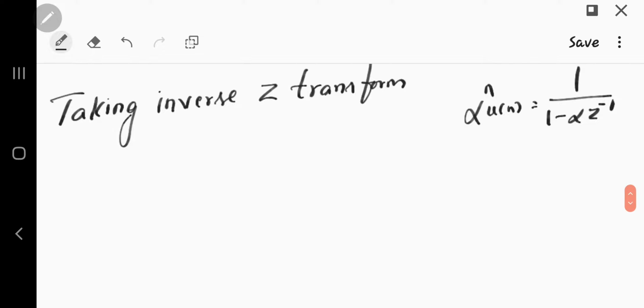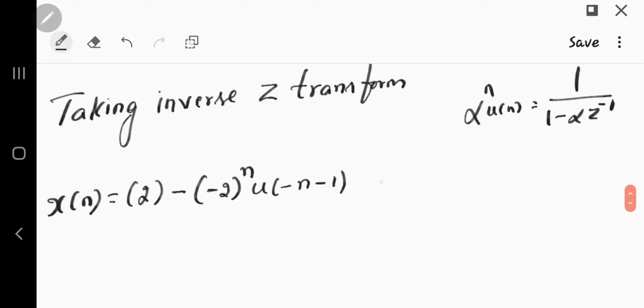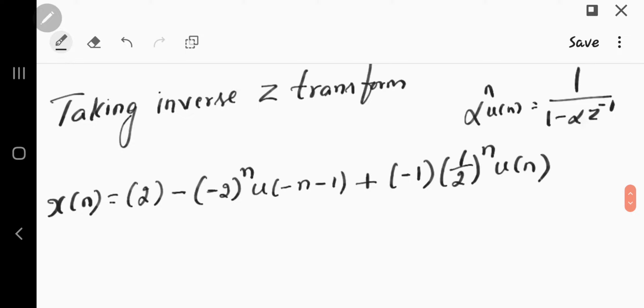So based on that we can write the final answer as x of n is equal to, so first one is a negative time sequence, so 2 into minus 2 to the power of n into u of minus n minus 1, plus the value of k2 is minus 1 into, this is the positive time sequence, and in place of alpha we have 1 by 2, 1 by 2 to the power of n into u of n.